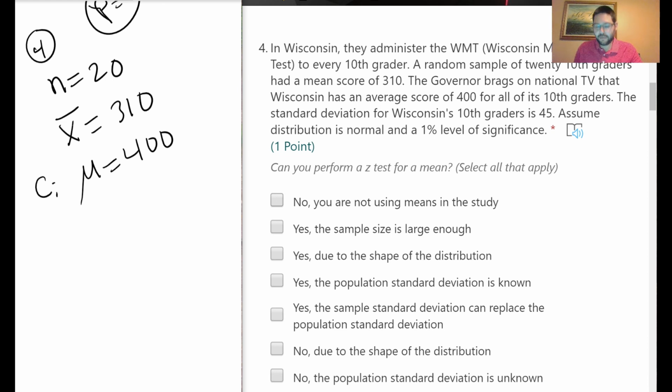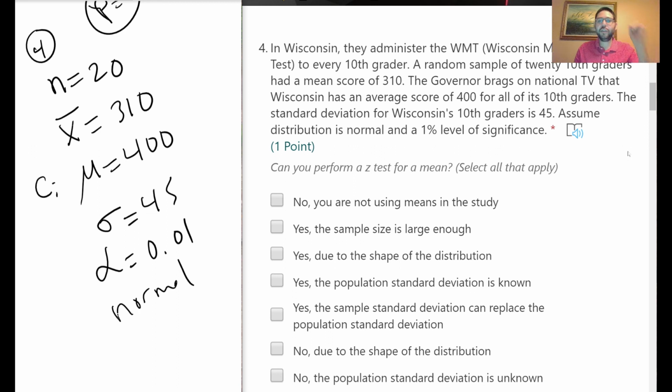The standard deviation for Wisconsin's 10th graders is 45. That's telling you that's the population standard deviation, because it's not from the sample, it's just the claim. So the population standard deviation for all the 10th graders is 45. Assume that the distribution is normal and the 1% level of significance. So we know that alpha is 0.01, and we know that the distribution is normal.